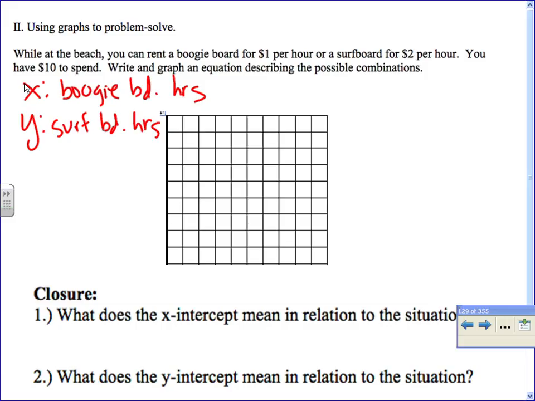Very good. So yeah, you could have them switched around. What I typically tell the 9th and 10th graders is whatever word comes first is x, whatever comes second is y. It doesn't matter. Okay, you have a total amount of money to spend, and there's 2 different activities that you want to do. Okay, so whatever comes first is x, whatever comes second is y, typically.